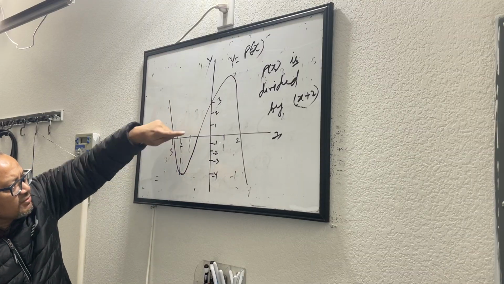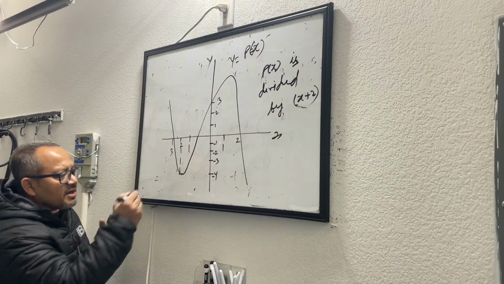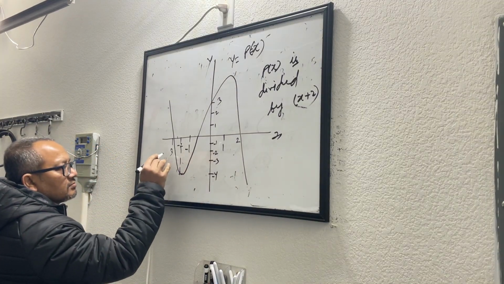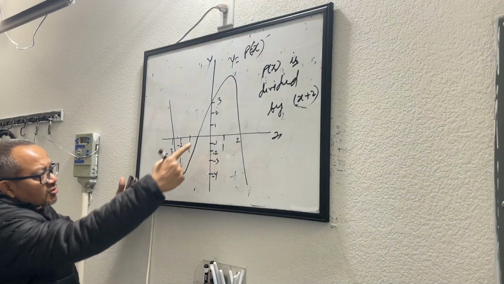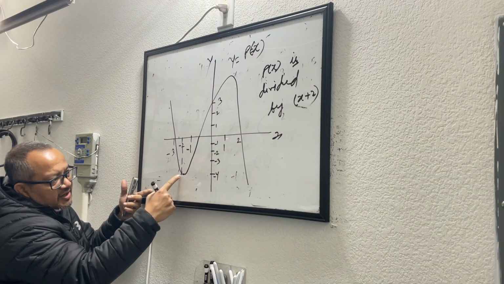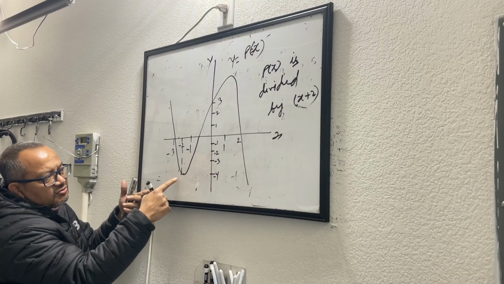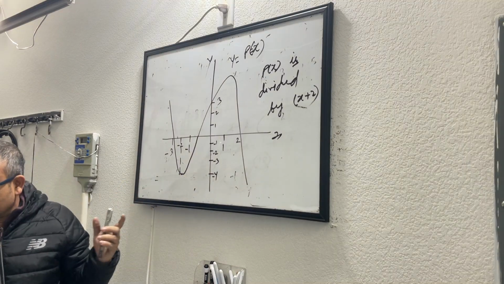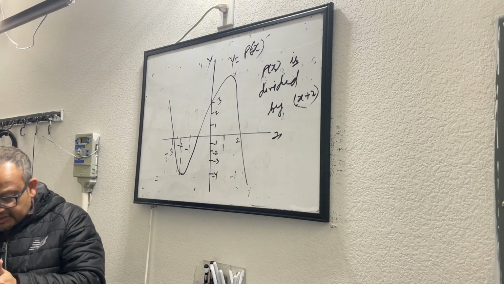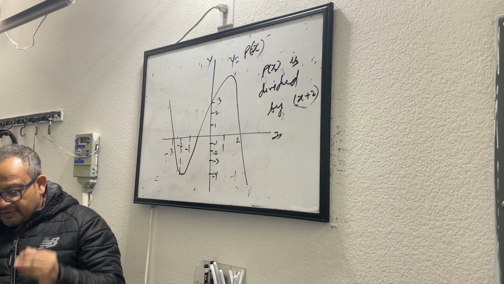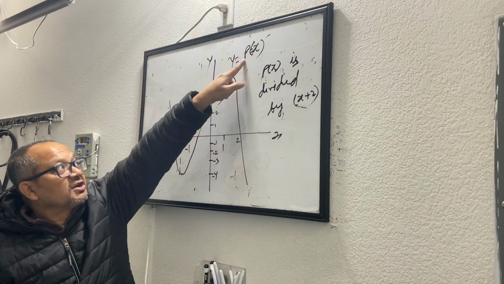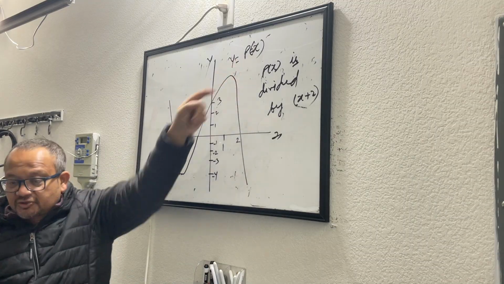And at x equal to minus 2, it reaches its peak here, which is y equal to minus 4. This is the observation. Now I'm reading the question. The question says, what is the remainder when p of x is divided by x plus 2? When this function is divided by x plus 2.